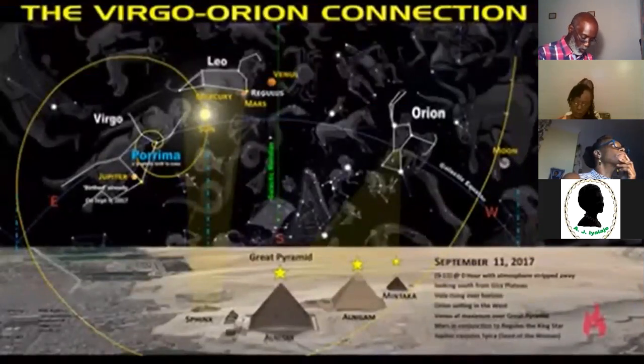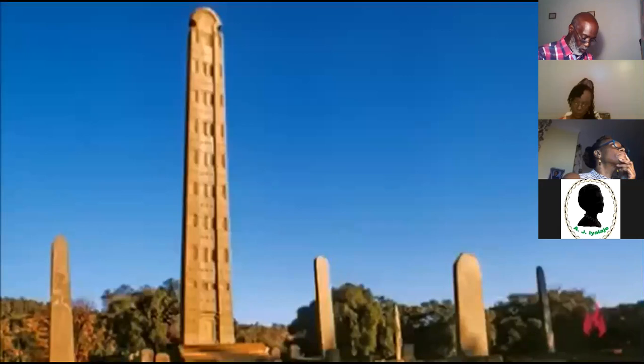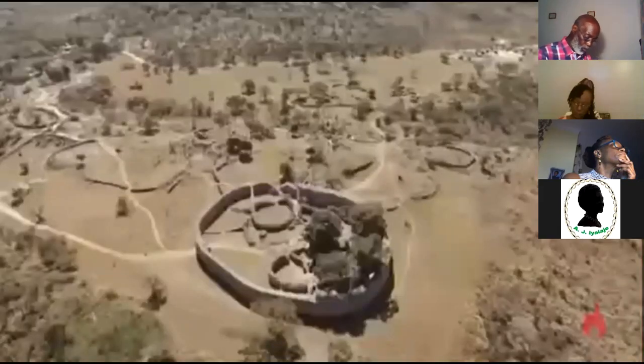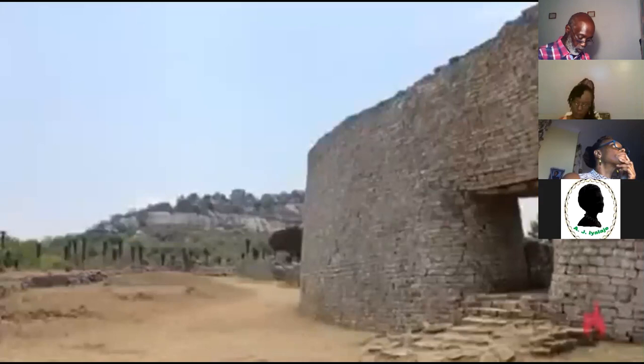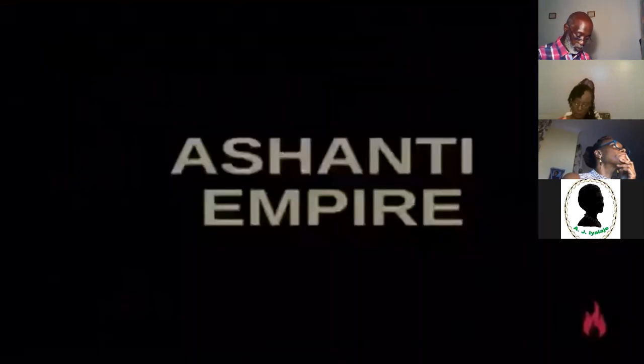Our geometric knowledge was used to build the great steles of the Sahara, the great Mutapa Empire in Zimbabwe, an empire that had cities of stone, where granite rocks were cut into perfect rectangles, layered on top of each other, without any mortar.